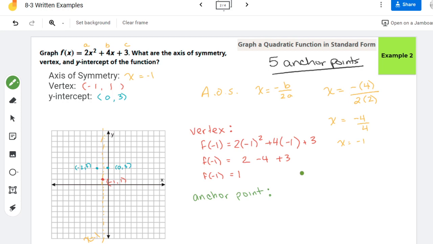In this case, I've already used negative 1 at my vertex and 0 because that's our y-intercept, so I'm going to use positive 1. Like I said, it doesn't matter which one you choose, just so long as you get that point.